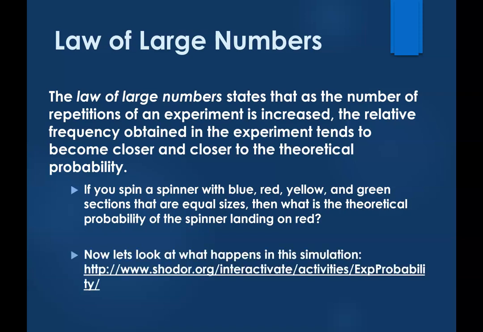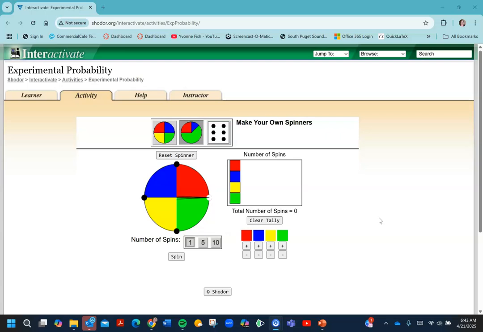So I have a link here that you could copy and paste, or you could just follow along as I do it. But if you want to try it, this will be in your note sheet. So I'm going to click on this website and switch over to that screen. This is really bright compared to what you've been looking at, but here's our Interactivate website by Shodor.